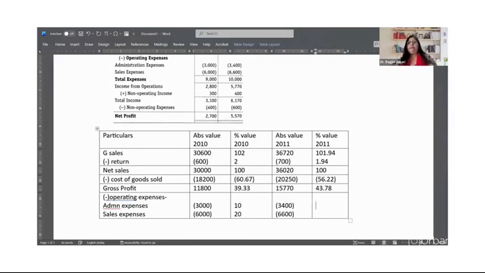Now coming here, for the current year, when we find the percentages, administrative expenses are 9.43% and the sales expenses are 18.32%.